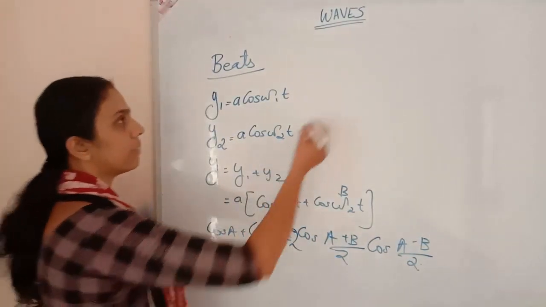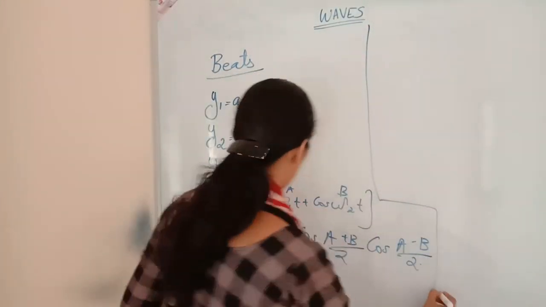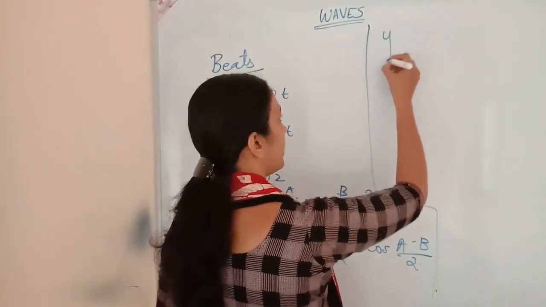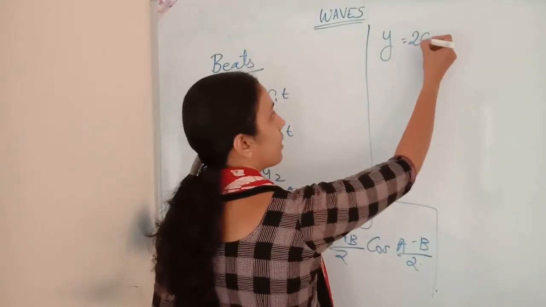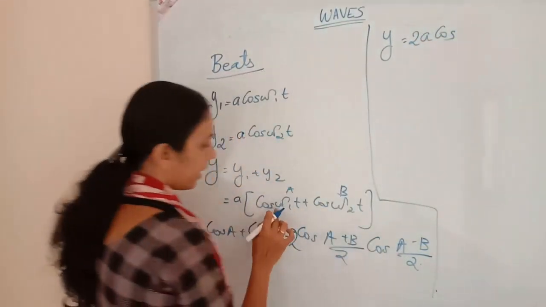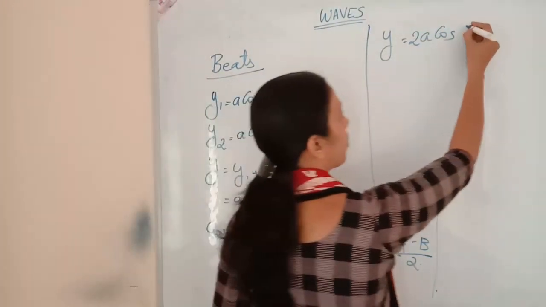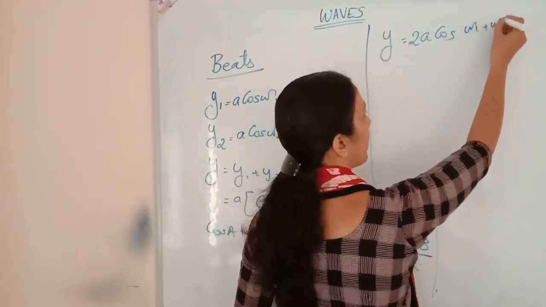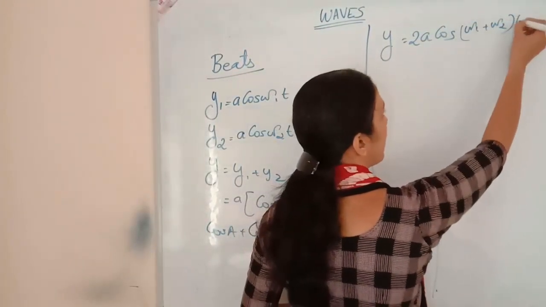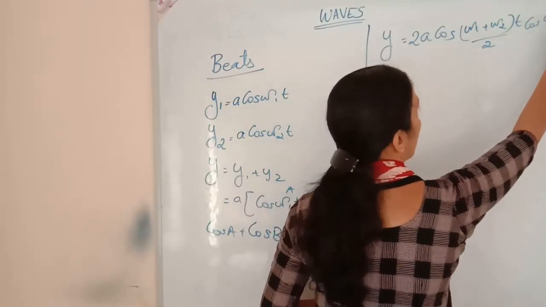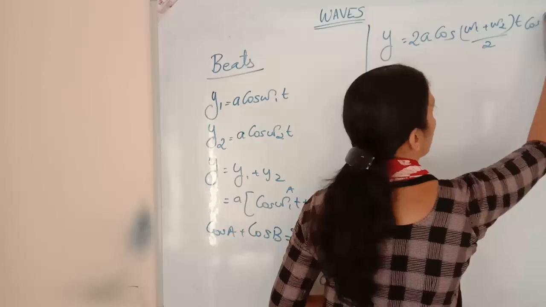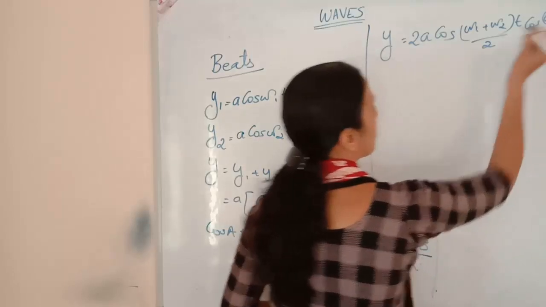While calculating this, we will get y equals 2A cos of (omega 1 plus omega 2) into t divided by 2, into cos of (omega 1 minus omega 2) into t divided by 2.